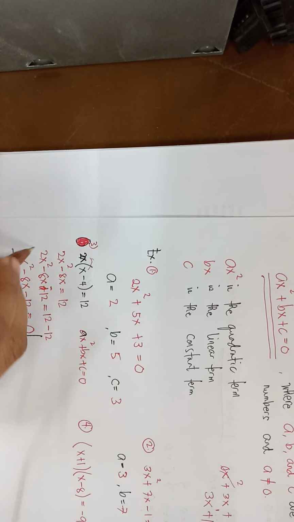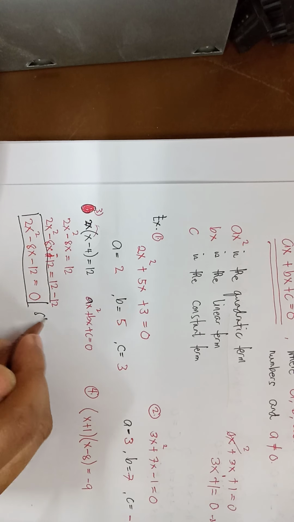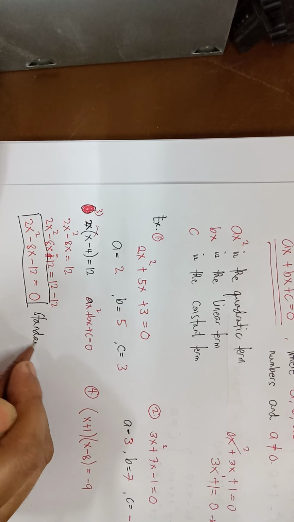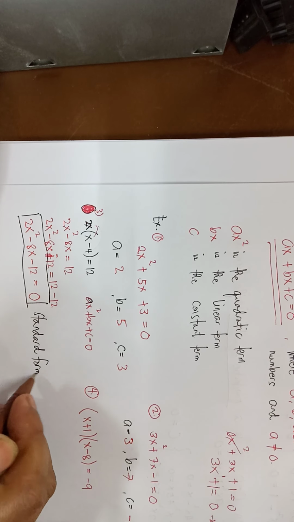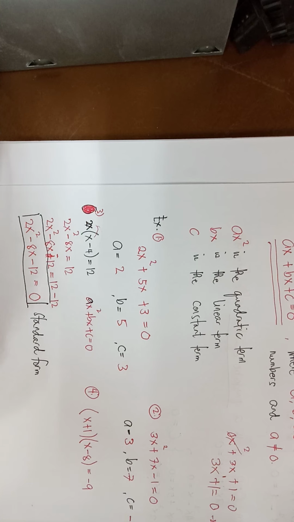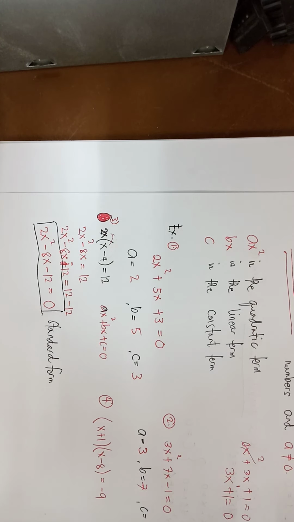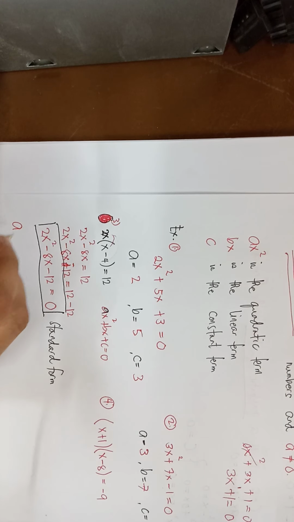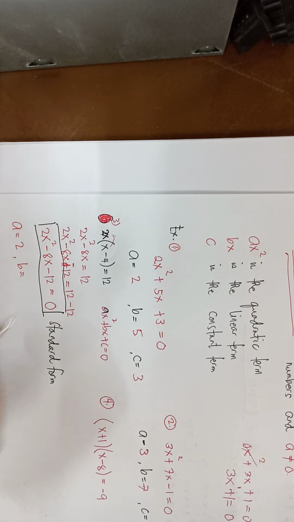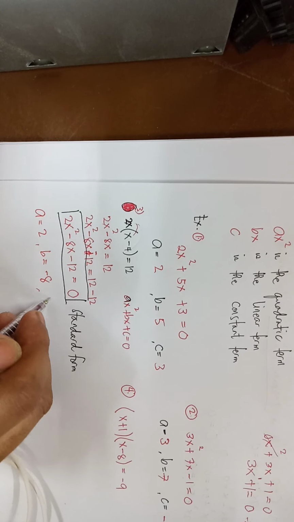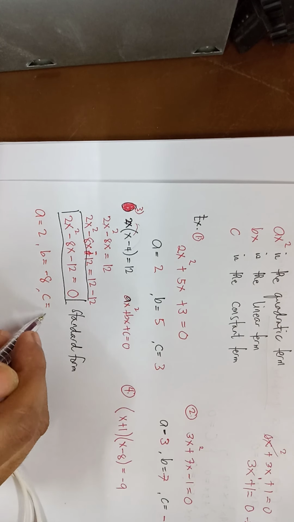So this form now is in standard form. It is a quadratic equation in its standard form. So this time we can now identify or determine the values of A, B, and C. A is equal to 2, B is equal to negative 8, and C is equal to negative 12.